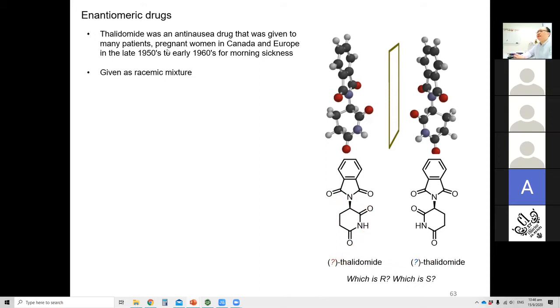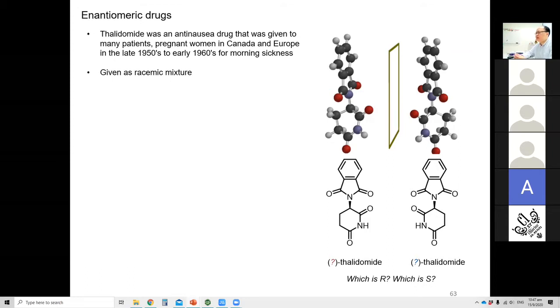Okay, but in the 1950s, people didn't recognize the chiral-chiral interaction between drug and protein that deeply. What they did is they found that this drug works on some pregnant women.